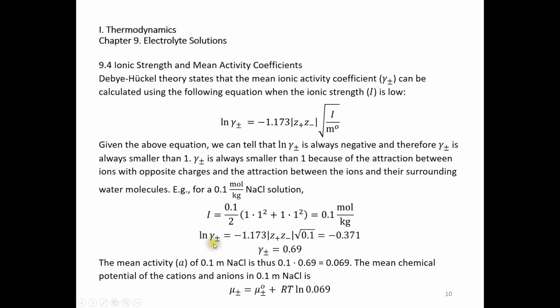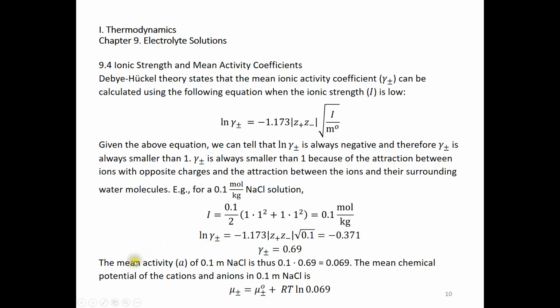Now let's compute the logarithm of the mean ionic activity coefficient. We plug in all the numbers, z plus, z minus, they are 1 and negative 1, and then we take the square root of 0.1, and overall we get negative 0.371, and then gamma plus minus is e to the power of negative 0.371, it's 0.69.